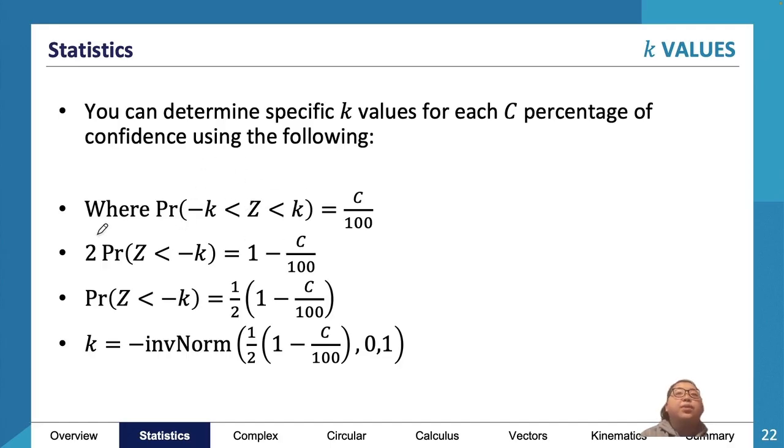Therefore we can rearrange this to be 2 times Pr(Z < negative k) equals 1 minus C over 100. That's the opposite of what we were trying to find. So Pr(Z < k) is just going to equal half of that. Then you just do inverse normal, substituting this into a calculator, to find what the k value is.